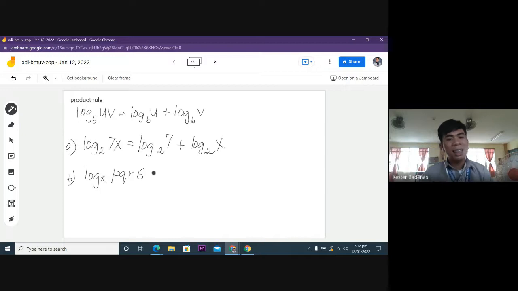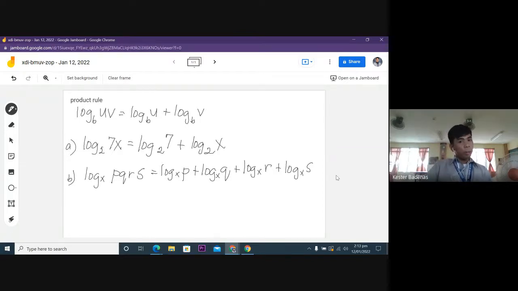Base x. Therefore, the logarithm equivalent to this is logarithm of p with the base x plus logarithm of q with the base x plus logarithm of r with the base x plus logarithm of s with the base x. Again, the logarithm of the product of the factors is equal to the sum of the logarithm of the factors.